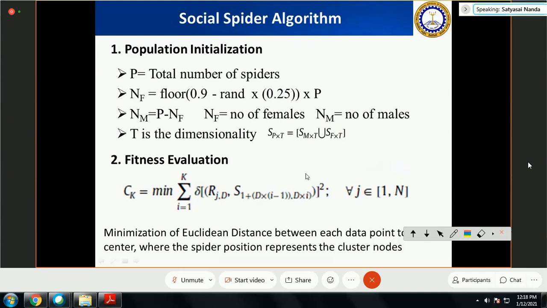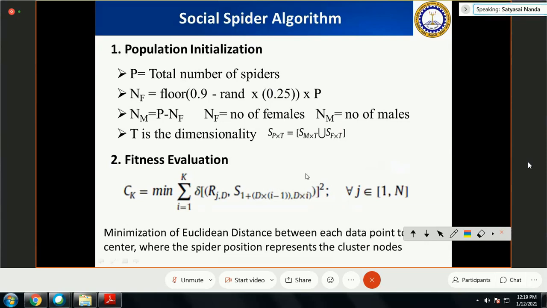Then we will calculate the fitness evaluation for clustering. I have already discussed in that table around 10 functions which are either maximized or minimized to achieve the clustering. So here every spider in the population represents the cluster centers.